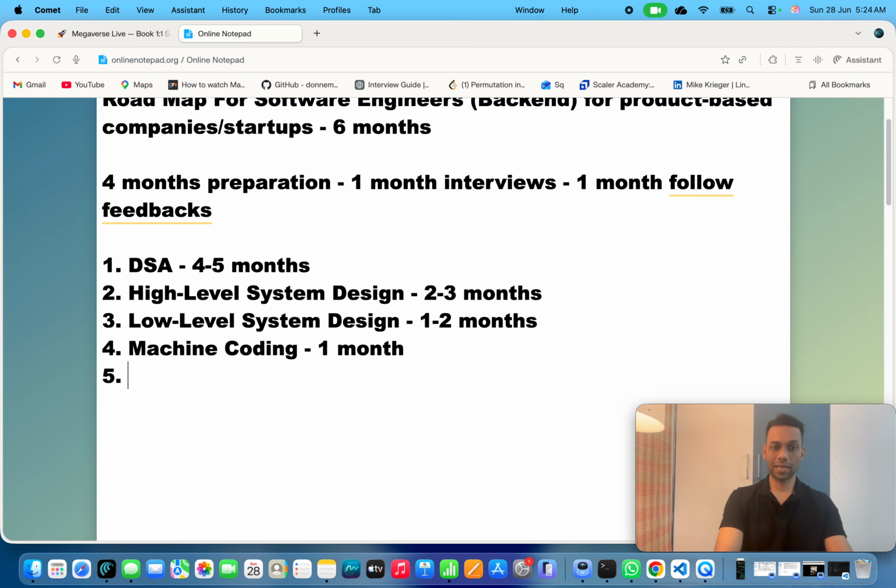The fifth topic is a little bit interesting, that is databases. Databases will go in your high level as well, in your low level as well, in your machine coding as well. What you need to cover is firstly SQL, NoSQL, and when to choose what. Suppose there's a Flipkart product page, right?